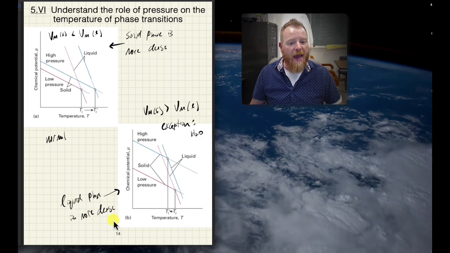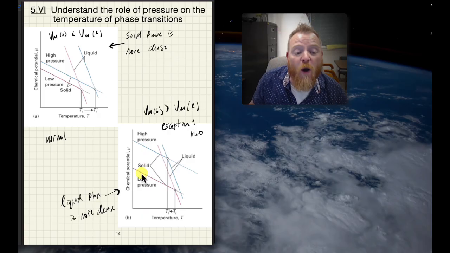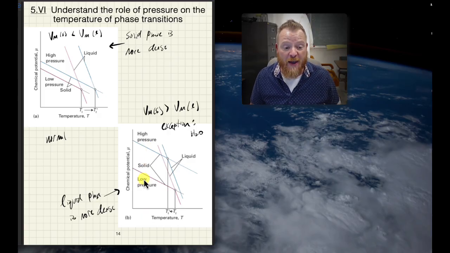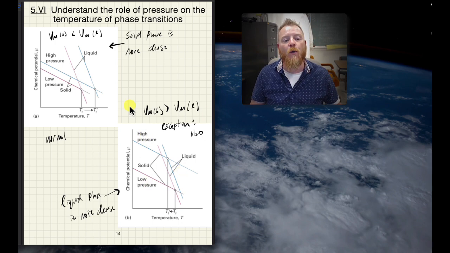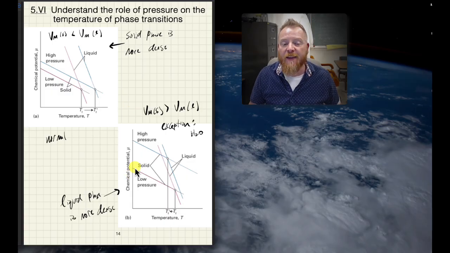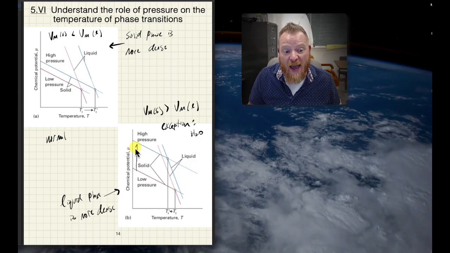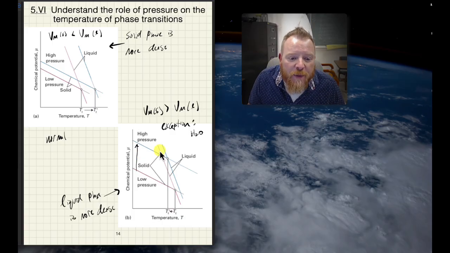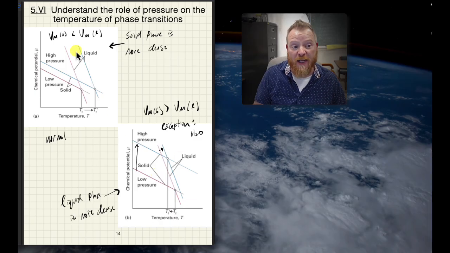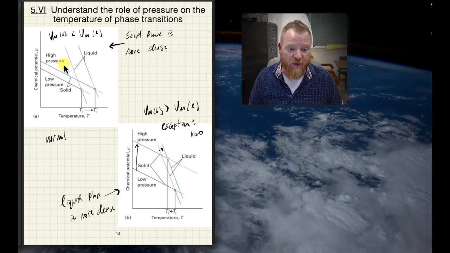And now you notice what happens here. Overall, the chemical potentials of the phases have still increased with increasing pressure. There's my low pressure on the solid, and there's my high pressure. However, what we should notice is that in this exception, the chemical potential of the solid increases massively with increasing pressure, and the chemical potential of the liquid does not increase nearly as much as it did in the regular case.